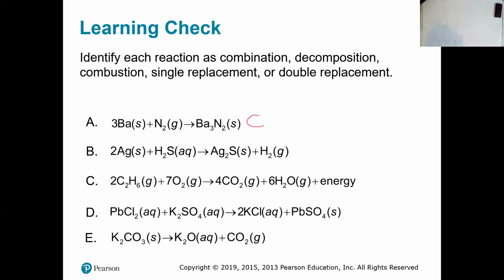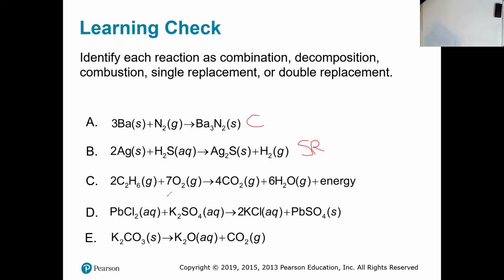Our second example, we have a single element plus a compound. And on our product side, we have a compound and a single element. That means that one thing on our reactant side replaced one thing on our product side. The silver and the hydrogen switch places. So that is going to be an example of a single replacement reaction.